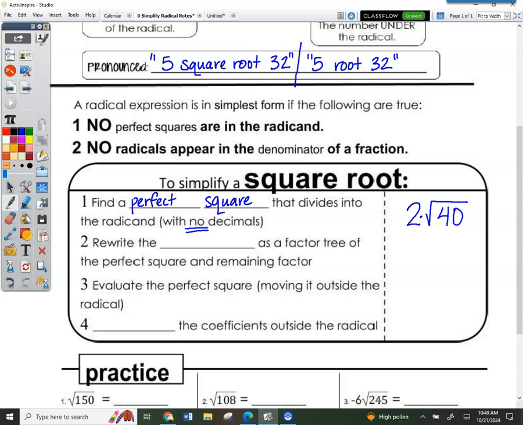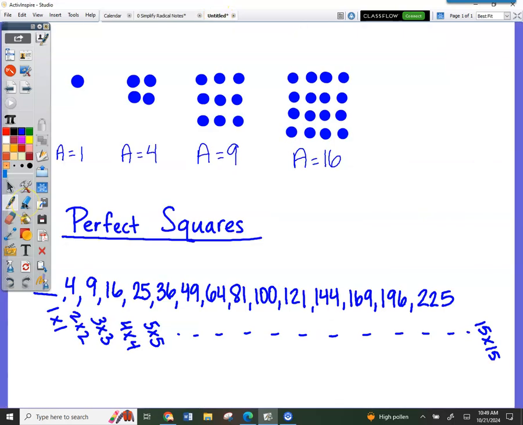Is it 5? It has to be on your list of perfect squares. This is our list of perfect squares right here. What number from that list divides into 40 nicely?